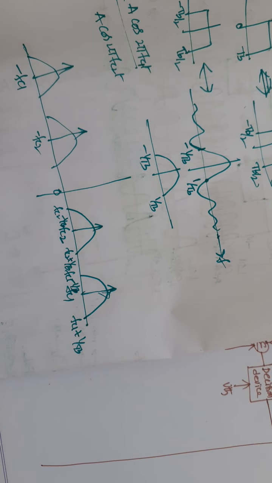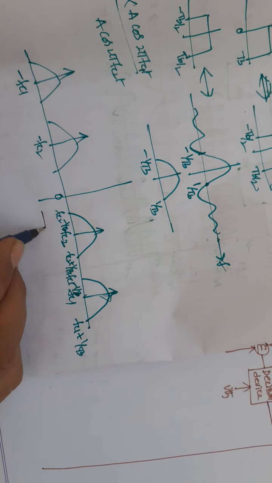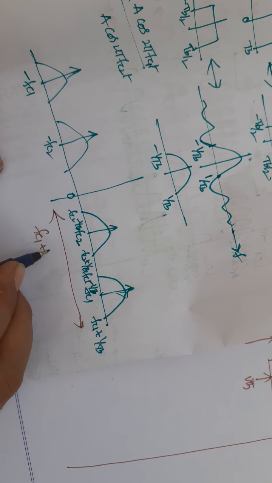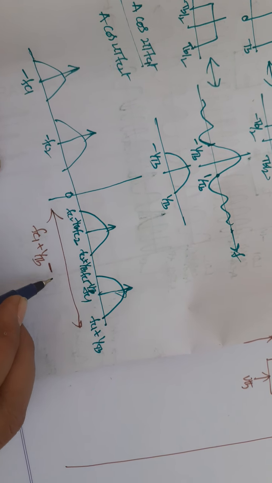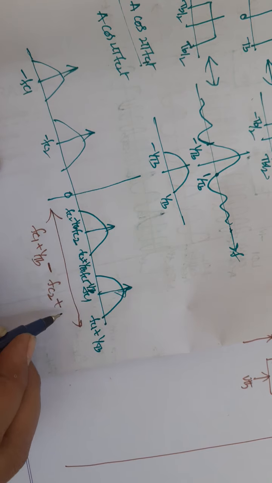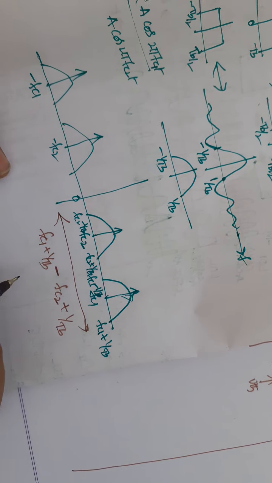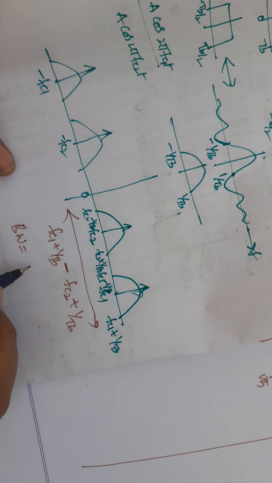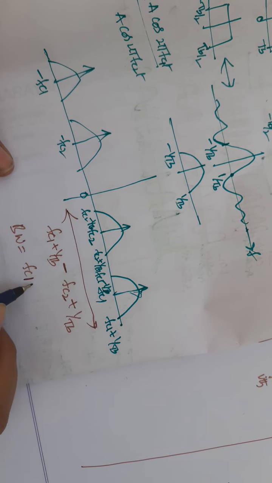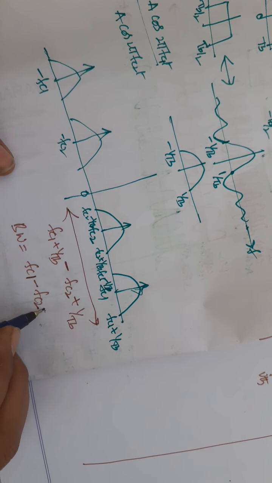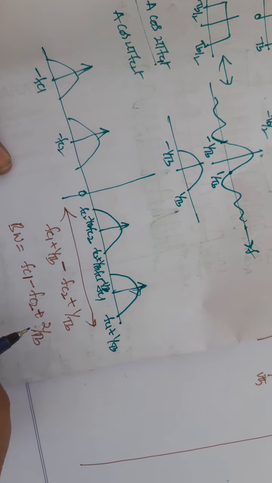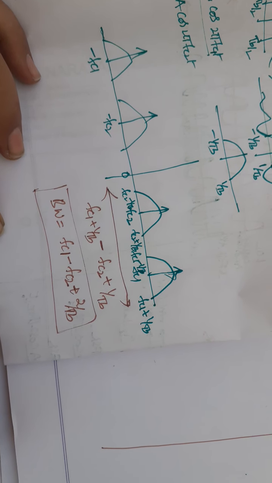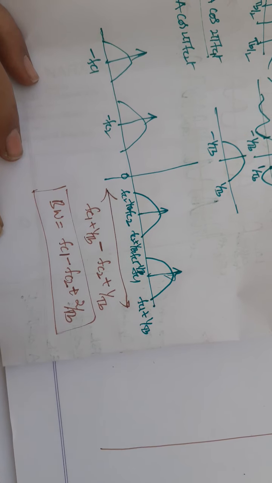Now the bandwidth is the highest frequency minus the lowest frequency, that is Fc1 plus 1 by TB minus Fc2 plus 1 by TB, right? Now the bandwidth of BFSK is Fc1 minus Fc2 plus 2 by TB. This is the bandwidth of BFSK, remember.